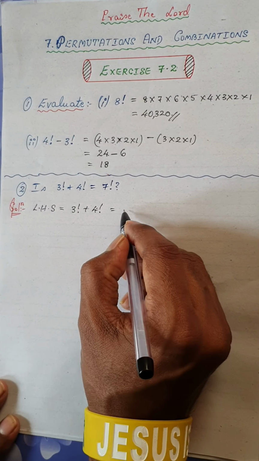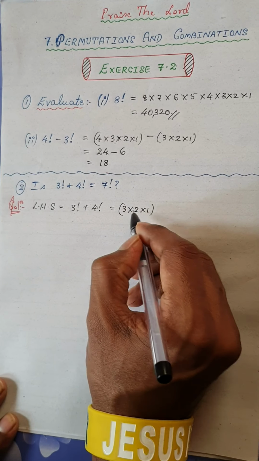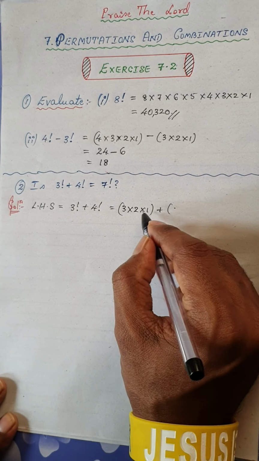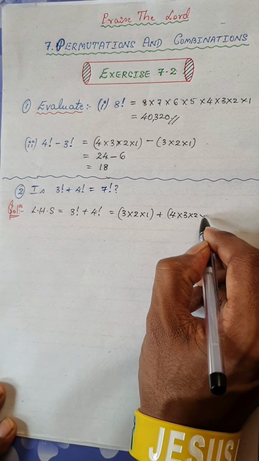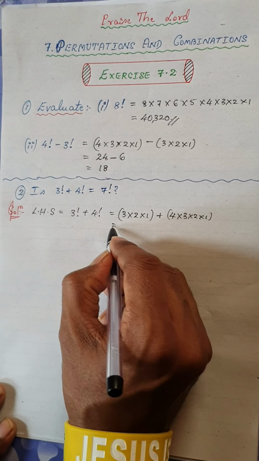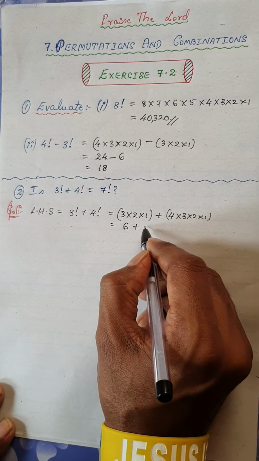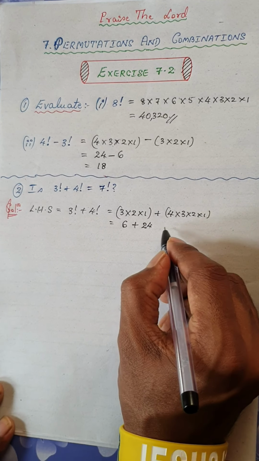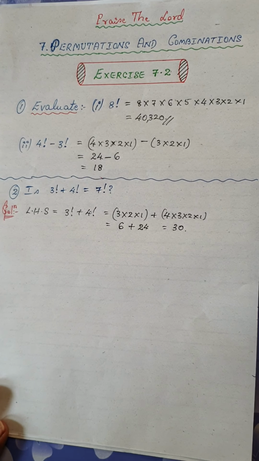As we have already solved, if you want you can directly write, but just for your verification I'm writing in detail. So 3 into 2 into 1 plus 4 into 3 into 2 into 1. So 3 factorial is 6 plus 4 factorial is 24. We have already solved it here. This is nothing but 30. So my LHS is nothing but 30.